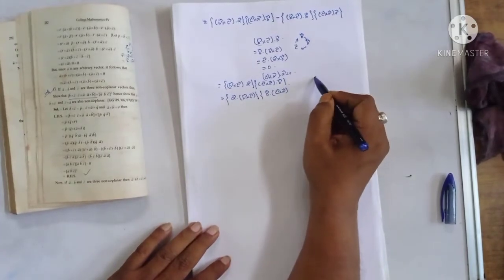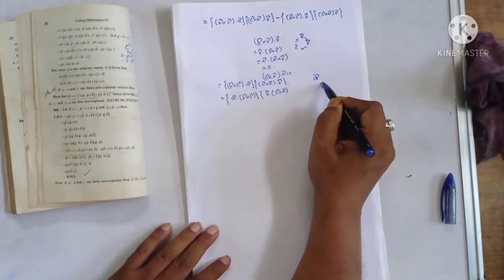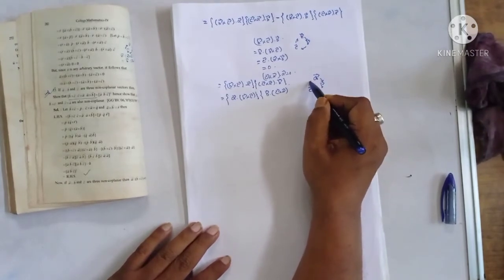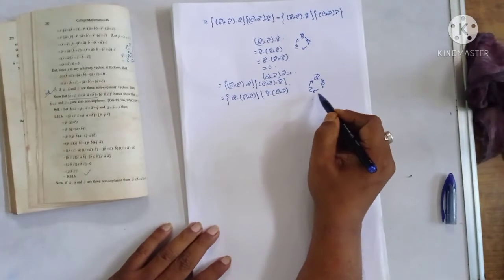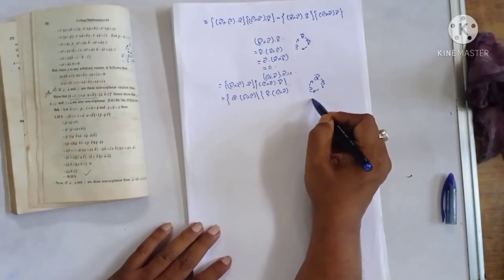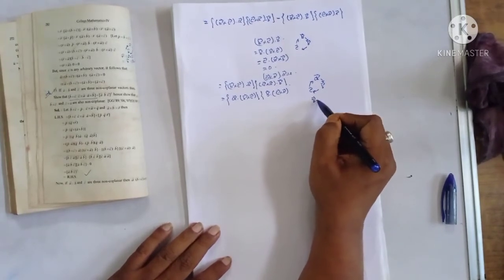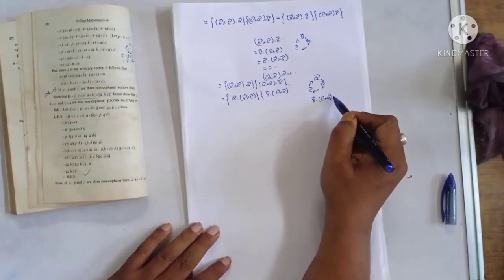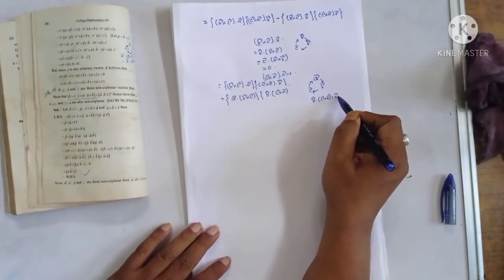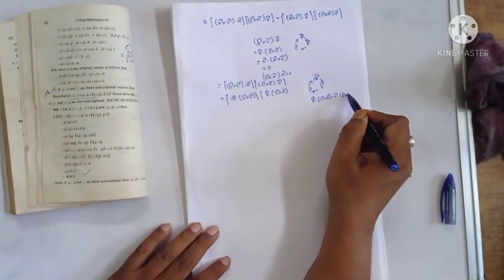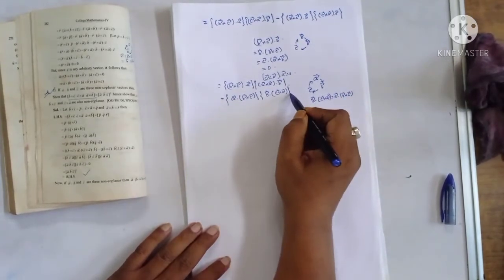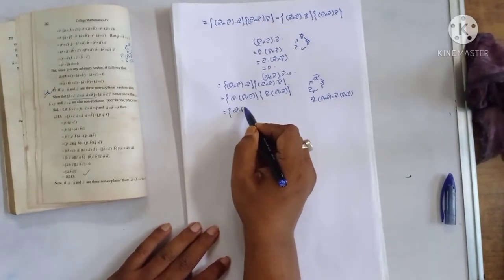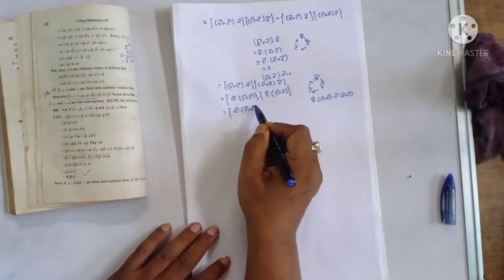Now you can see here this is A vector, B vector, C vector, goes like this. So here this B vector dot C vector cross A vector is all equal to A vector dot B vector cross C vector.